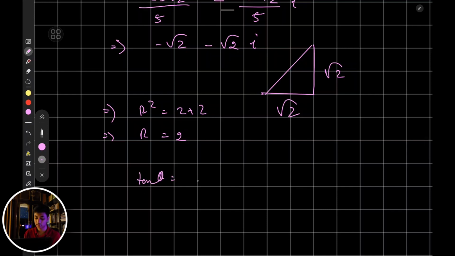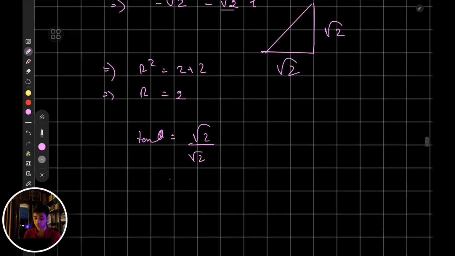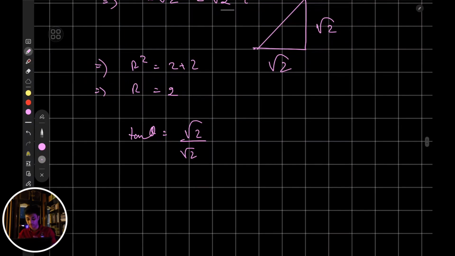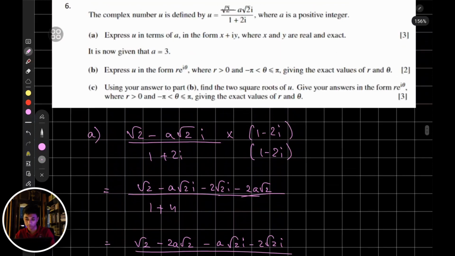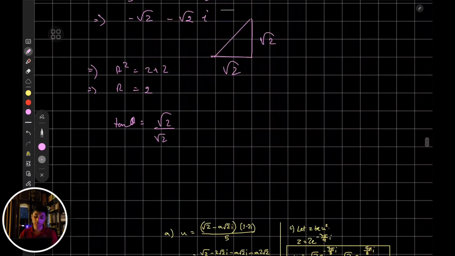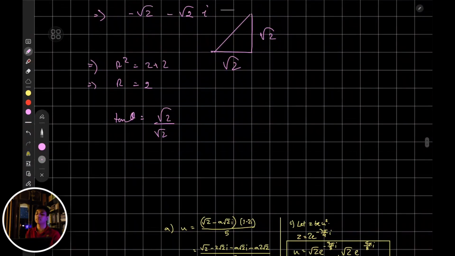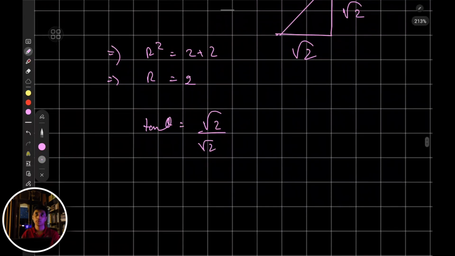Tan theta is root 2 by root 2, giving tan inverse of 1, which is 45 degrees. Do they want it in pi? Yes, so 45 degrees is pi by 4. Theta is pi by 4.